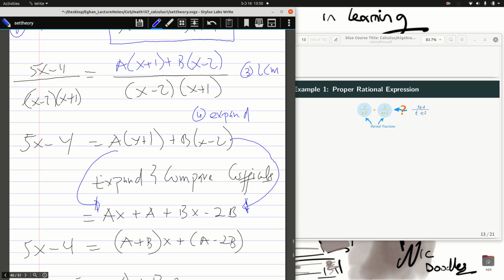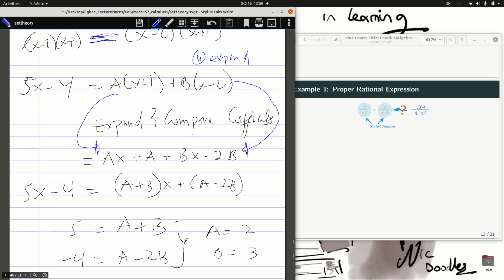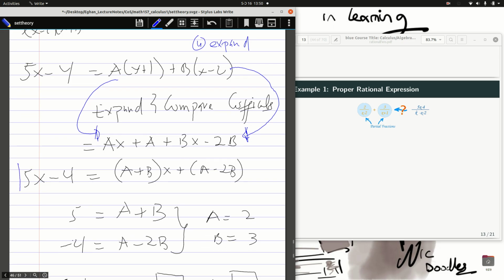I left the denominator out because they are the same. So I want to compare the upper parts, that's the numerator. That is where I can find my unknowns a and b. And so it means that my numerator here, then I group like terms. If I group like terms, realize that this will take this guy, and then this a will take this 2b.